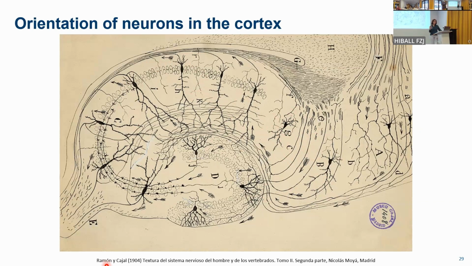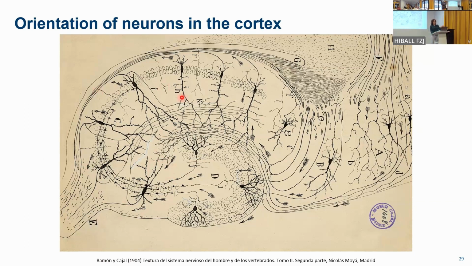He was not able to prove this theory in his time, because they didn't have the necessary methods to prove this hypothesis. It was a hypothesis that was proven right later on. Okay, we know nowadays that these arrows which he drew are the way that information flows in the brain.